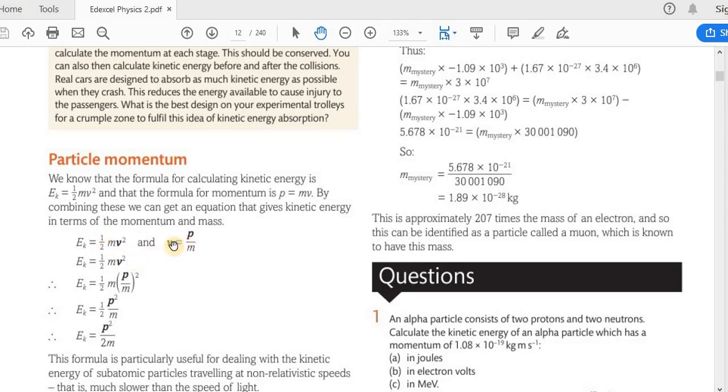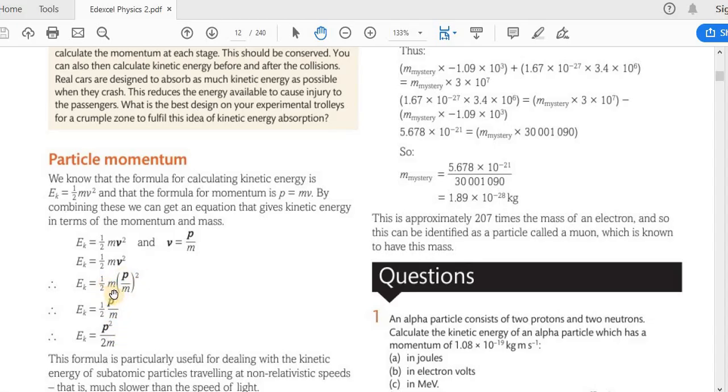So how we get it is by substituting. Very simple. This is the formula that you had already learned for kinetic energy. Then we have the momentum formula. Momentum is mass times velocity. So the velocity is momentum over mass. Then for v, we can substitute momentum over mass. Then we get this. So this square applies to both the p and the m, the momentum and the mass.